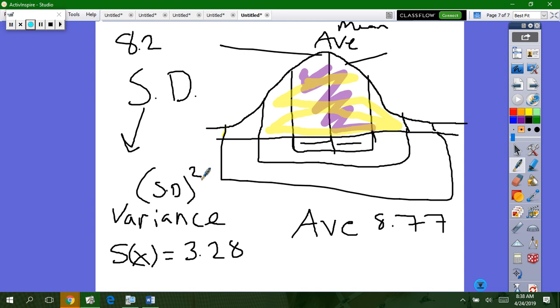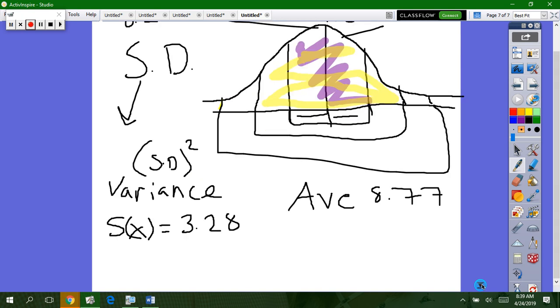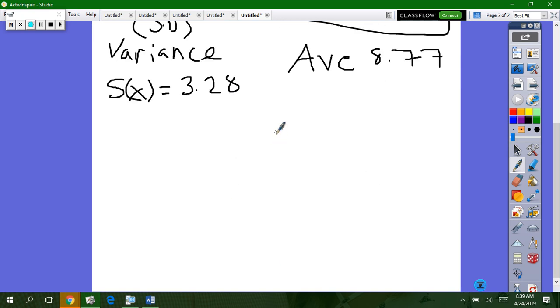Now, sometimes they ask us to find the values of the distance of each standard deviation. So how I would do that is like such. I do my average, 8.77, and then I go out one standard deviation. One standard deviation, remember, is going out both directions, correct?